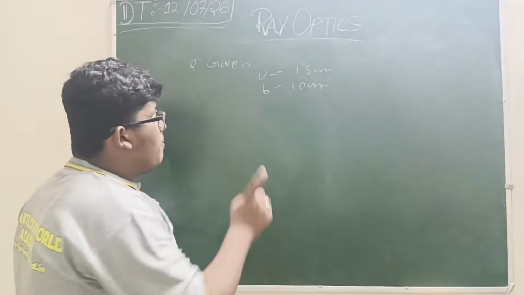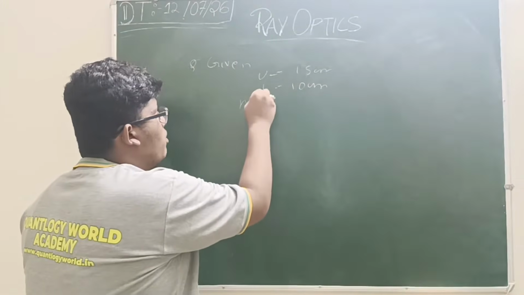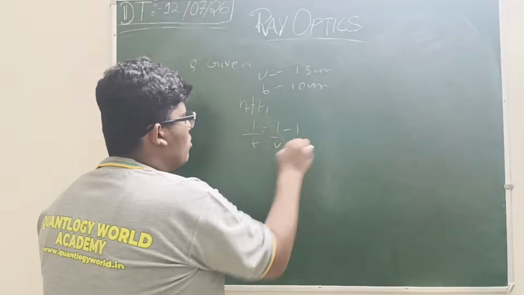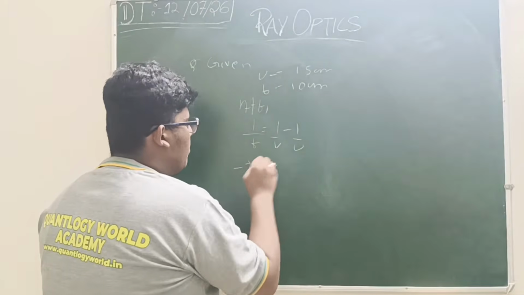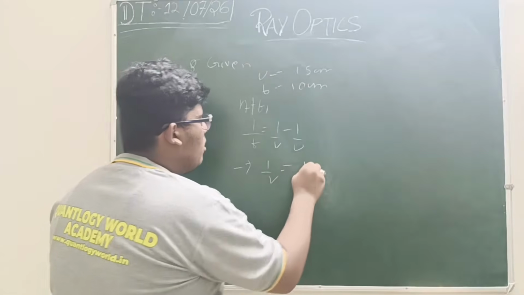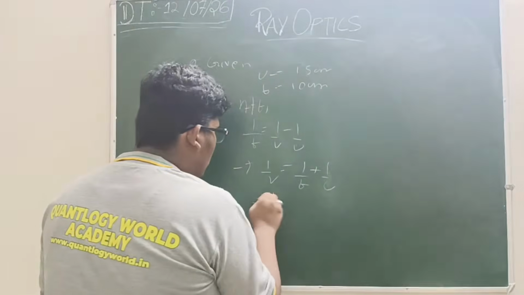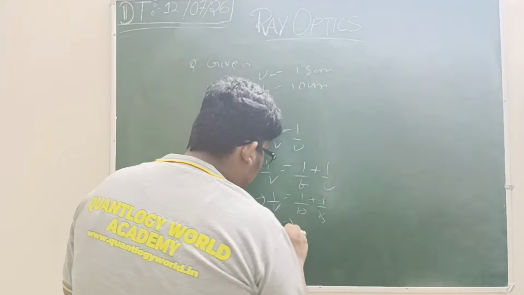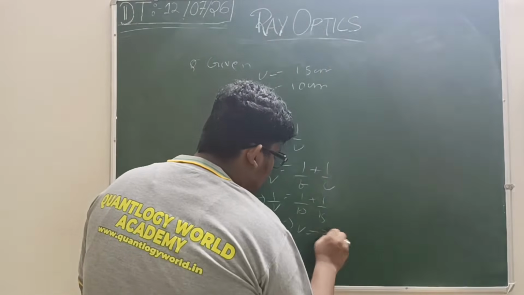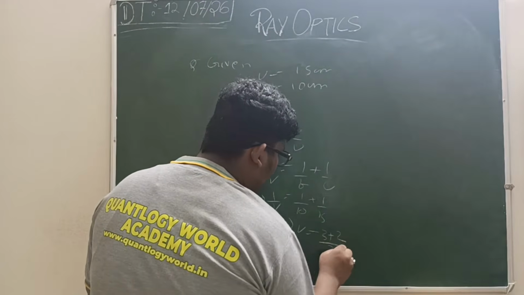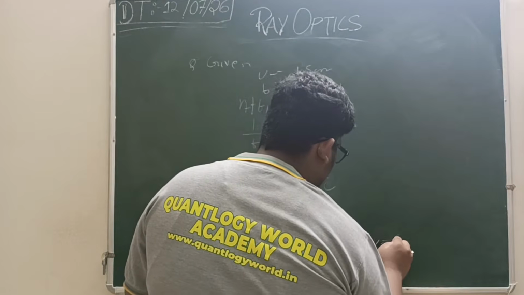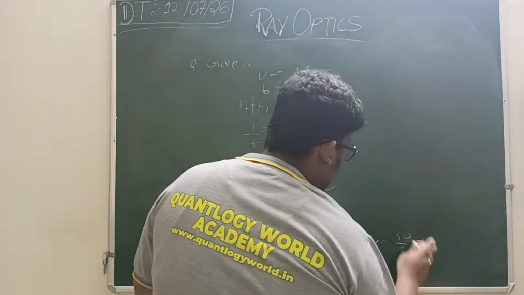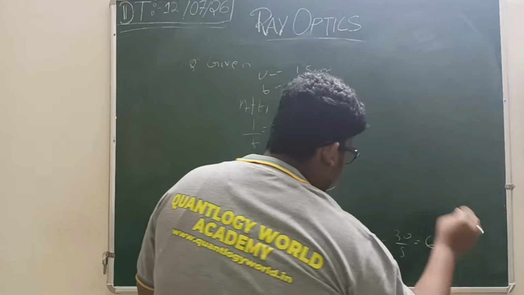So before that we have to find the value of v. For that we put the lens formula, 1 by f equal to 1 by v minus 1 by u, implies that 1 by v equal to 1 by f plus 1 by u. 1 by v equal to 1 by 10 plus 1 by 15, implies that v equal to 30 by 5, which is 6 centimeter.